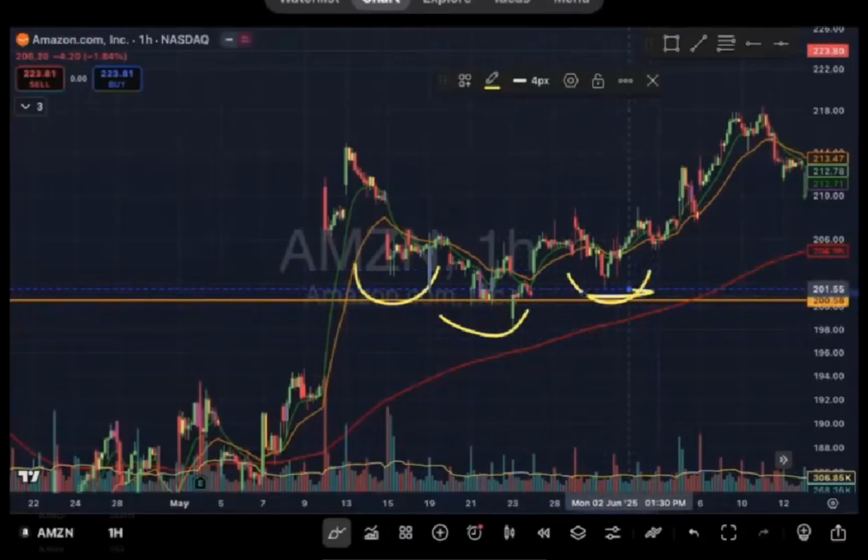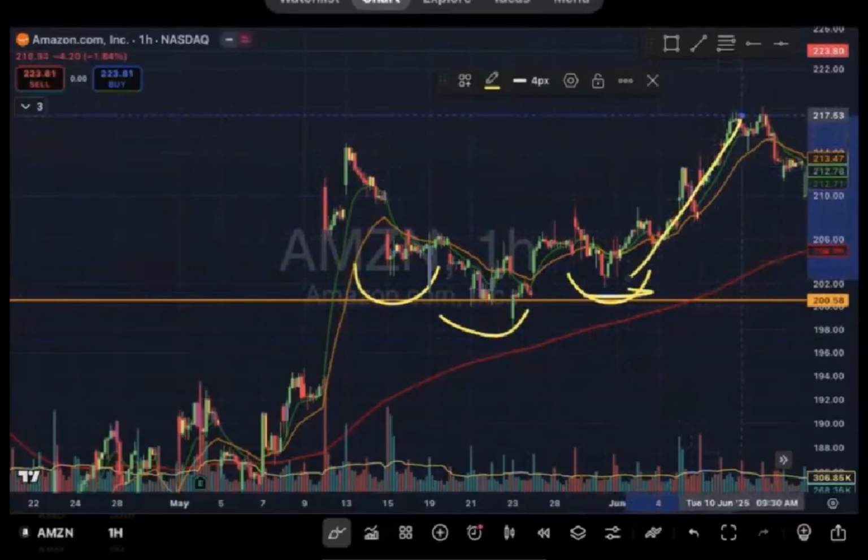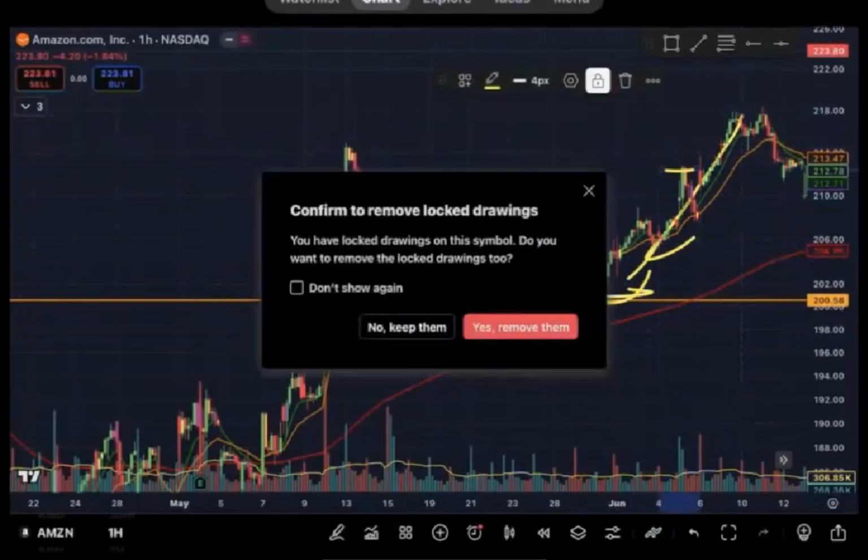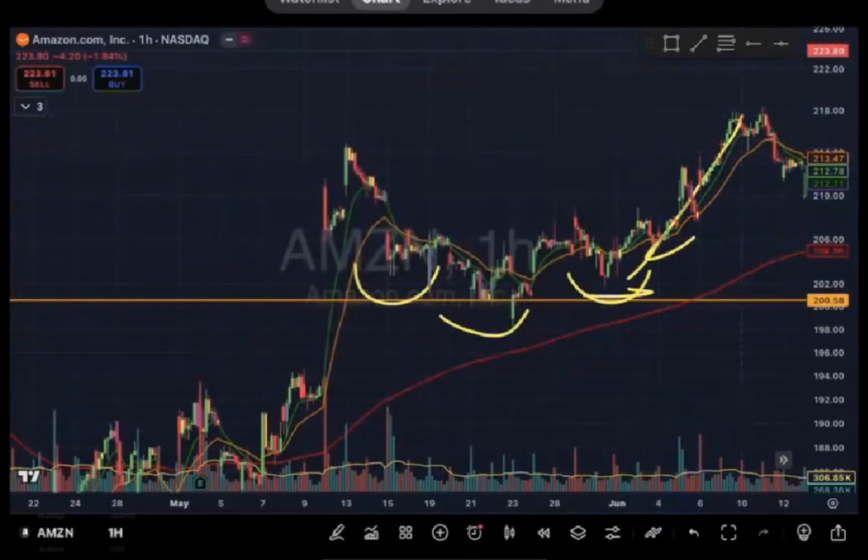If you break below that 200, get out of the trade. But if you don't break below it, you can get out right here. You can get out wherever you're in profit. You don't have to hold the whole entire way.